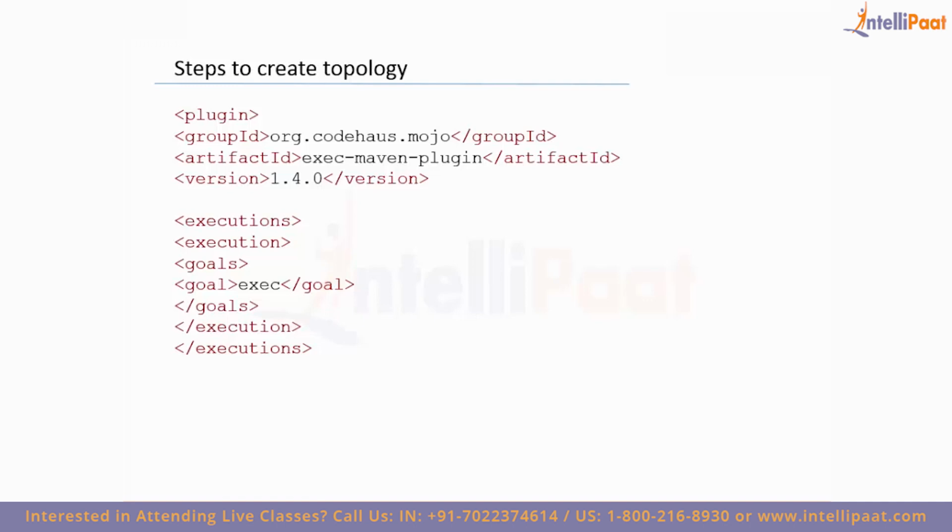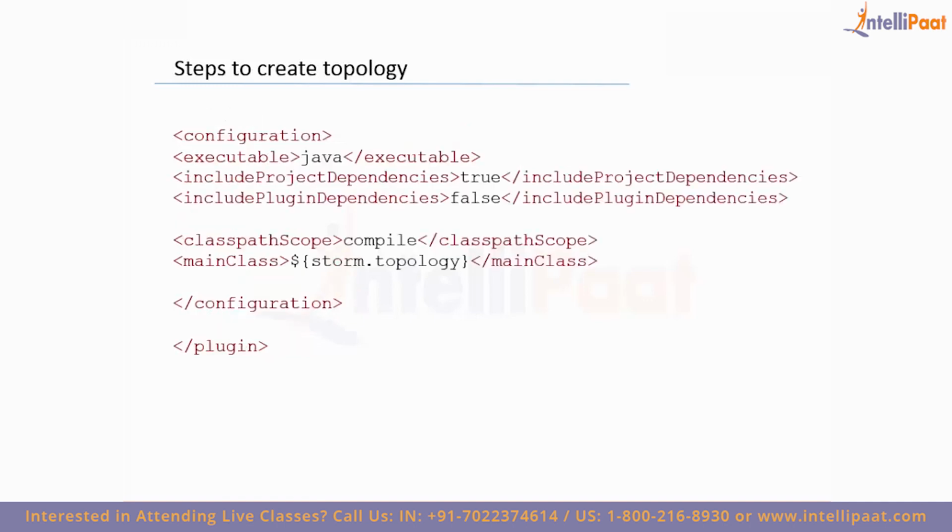First of all, I am going to use the exec Maven plugin, which is going to help me with the execution using Maven. Third is the goal, which states as execution. Also, I am going to add a bunch of dependencies which talk about the class path scope and which main class is going to be used for my execution to start.